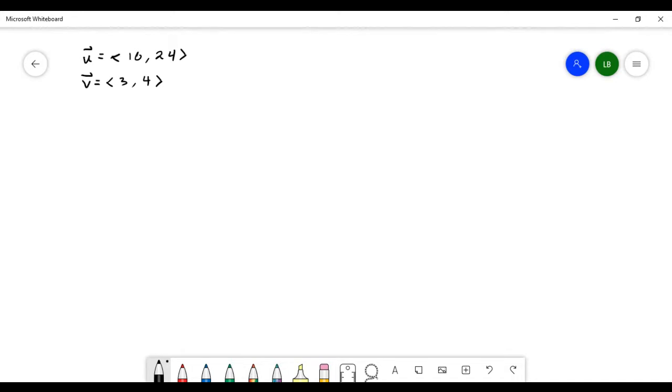Well, if we wanted to find the projection of v onto u, you could say it's v dot u over the magnitude of u squared times vector u.